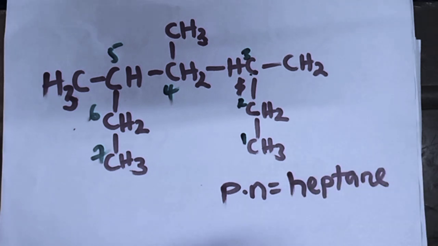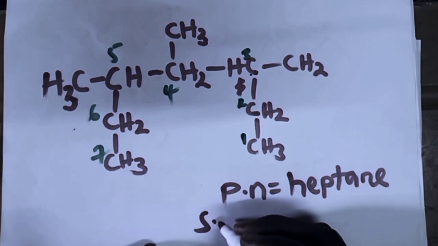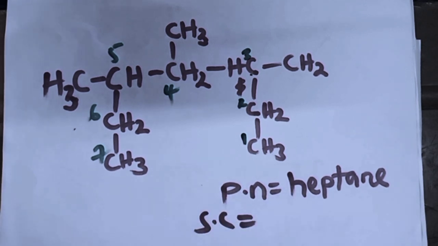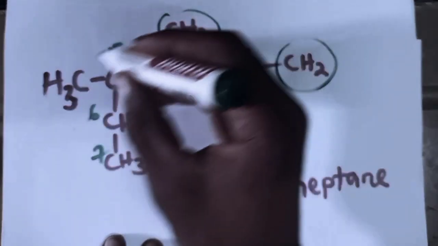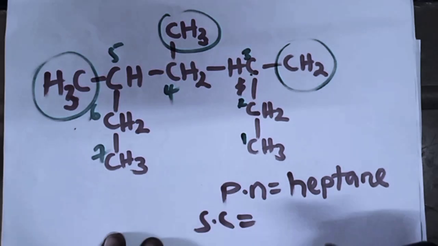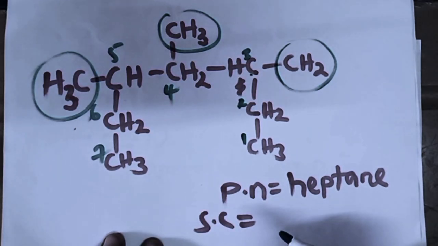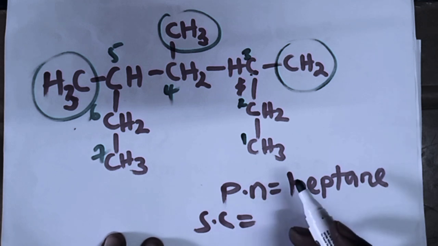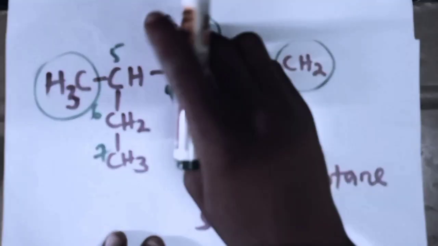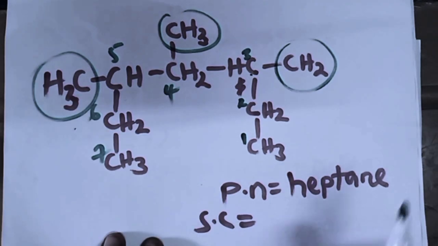So side chains now. We got the side chains. How many side chains are we having? We have this as a side chain. We have this as a side chain. We also have this as a side chain. And they're the same. It's the same organic group. This is methyl, this is methyl, this is methyl. So we won't write them separately.